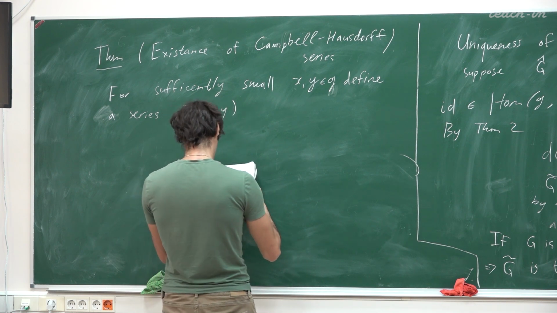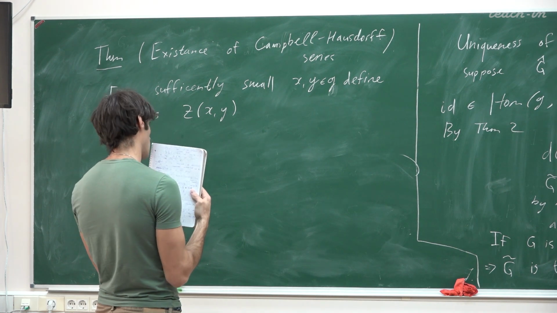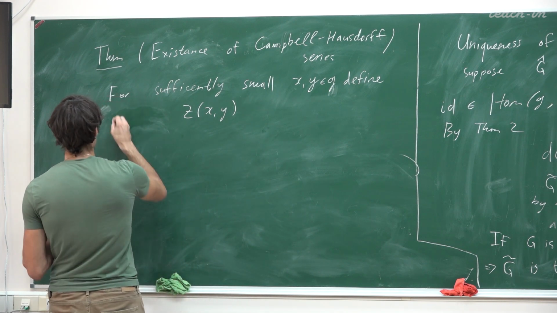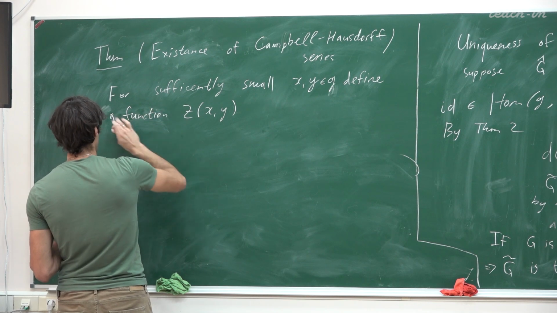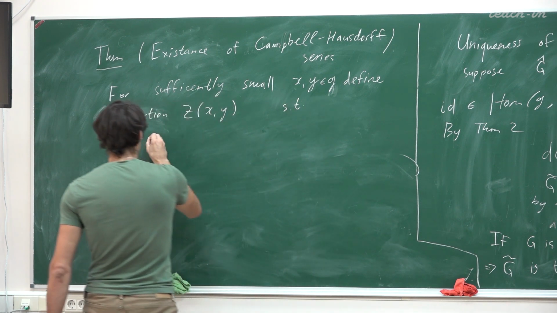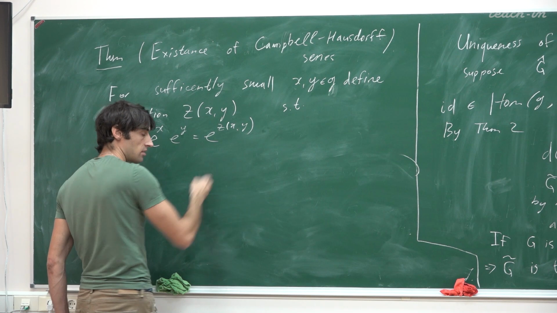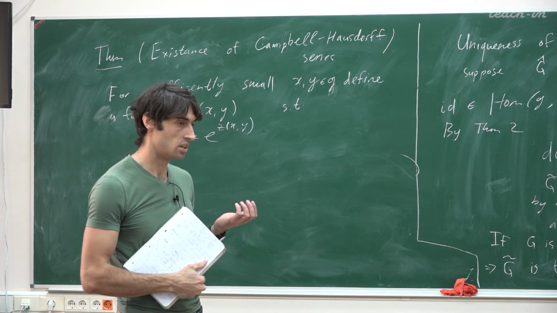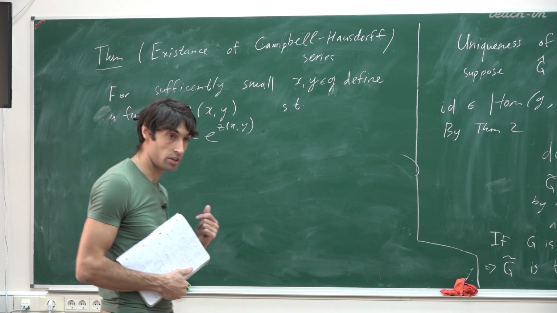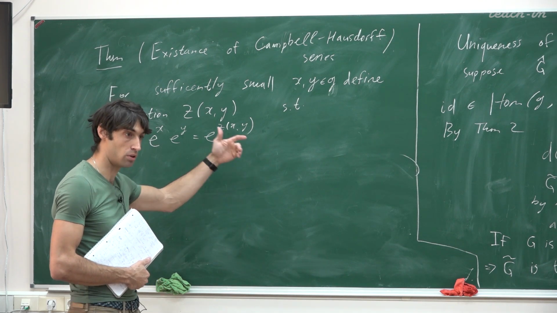Such that e to the x times e to the y is e to the z(x, y). Right? The exponential map is a diffeomorphism from some neighborhood of 0 to a neighborhood of the identity. So for small enough x and y, I can define such a map, because I can invert the exponential.